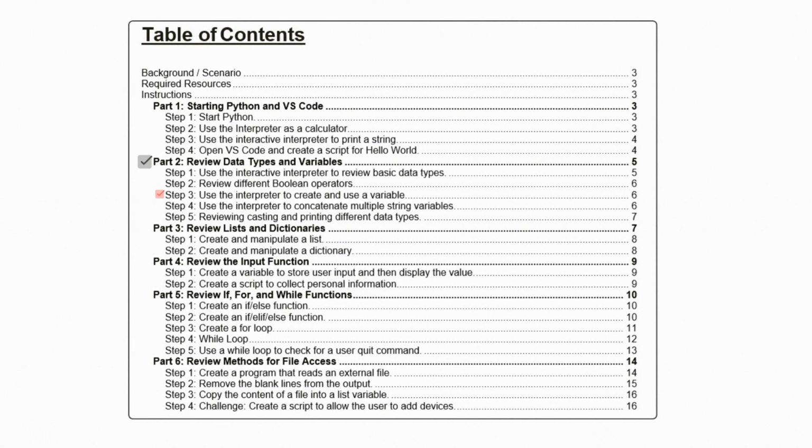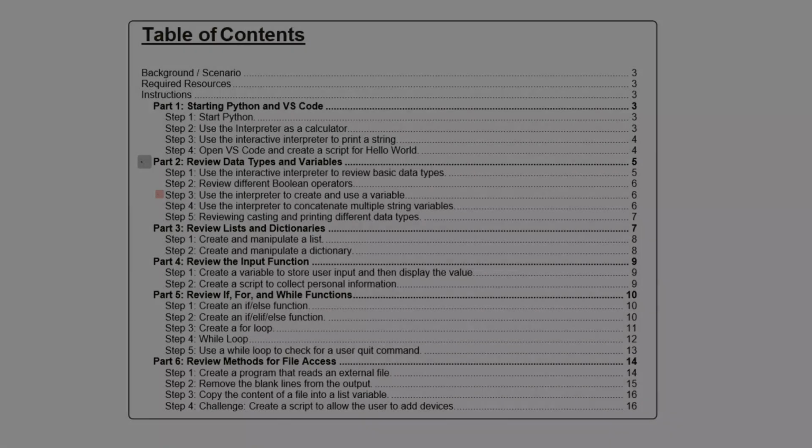Step 3. Use the interpreter to create and use a variable. A single equal sign assigns a value to a variable. A double equal sign compares values. Let me create a variable.